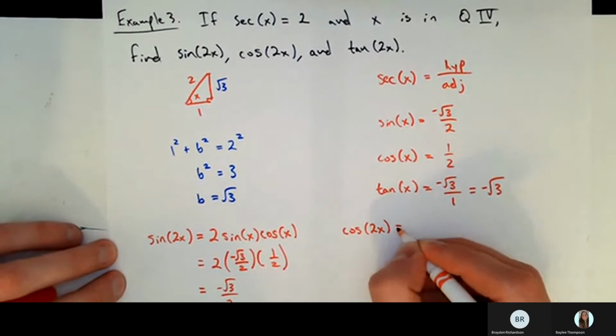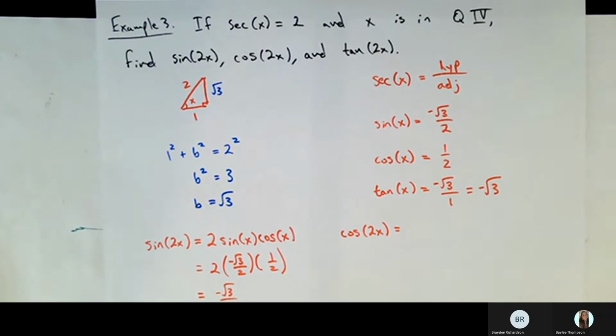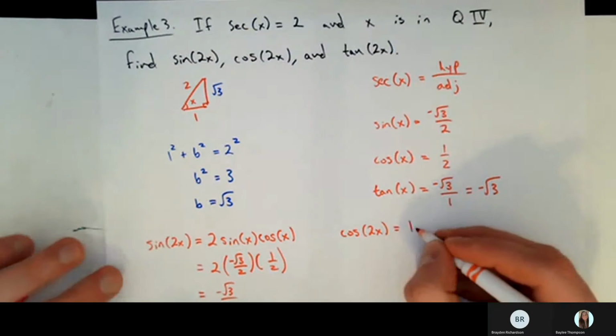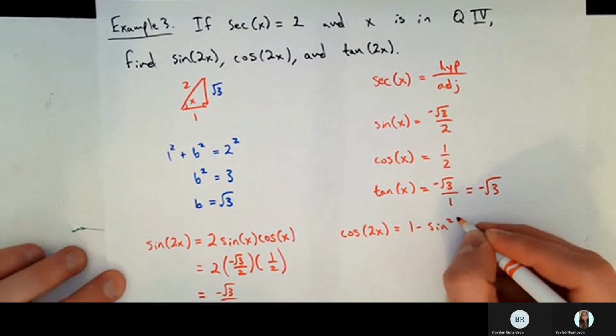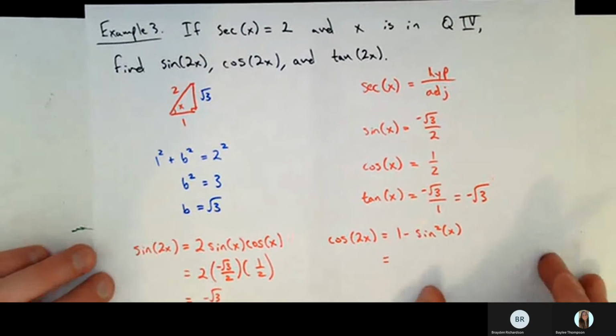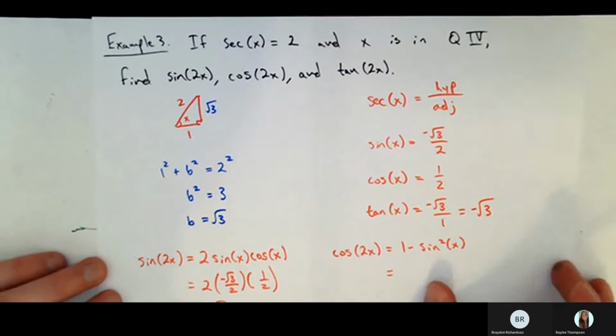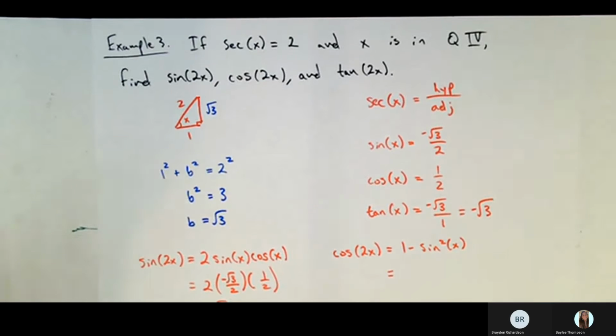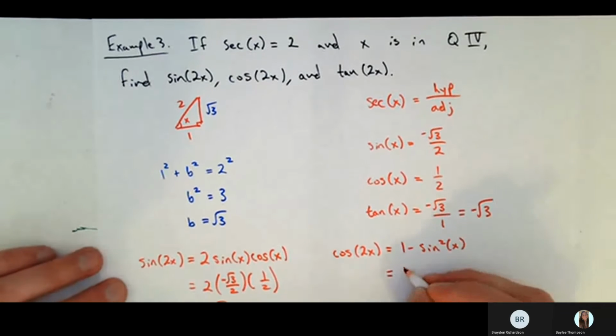Cosine of 2x. So now you get into this problem where you're like, which formula do I use? Well, just pick one. Don't think about it too hard. Just write one down. And if for whatever reason it's a wrong choice, which there is no wrong choice when you set it up like this, but if you do pick the wrong one in any kind of problem, then just pick a different one. So 1 minus sine squared.